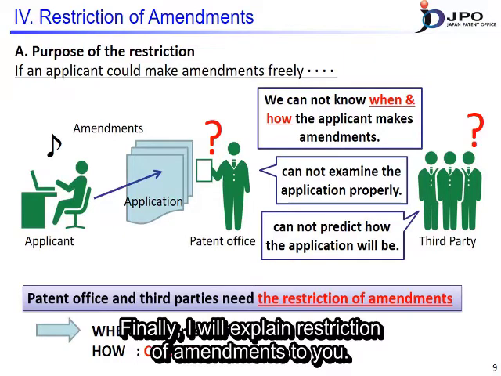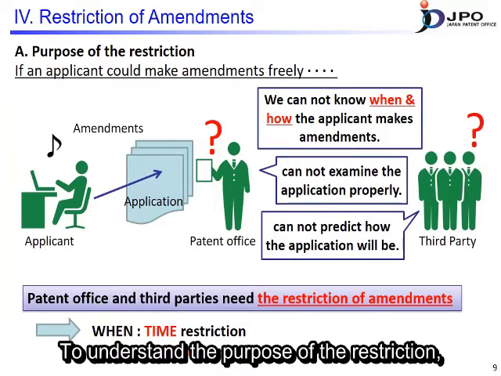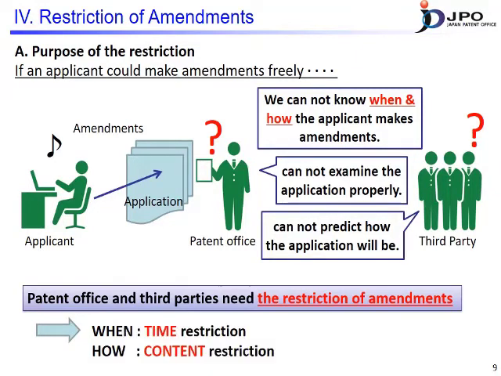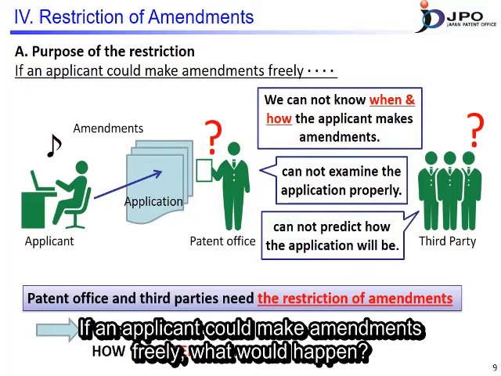Finally, I will explain restriction of amendment to you. To understand the purpose of the restriction, let's imagine that an applicant can make amendments freely. If an applicant could make amendments freely, what would happen?